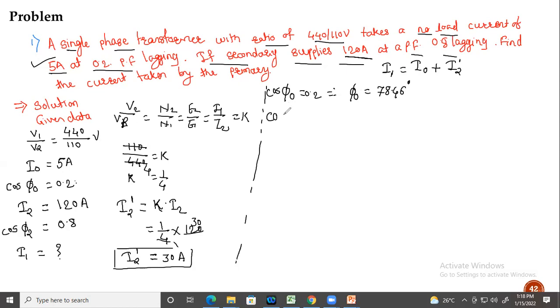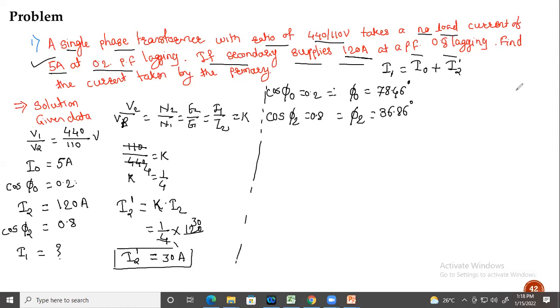After that we have the value of cos of phi2 is equal to 0.8. According to this you are able to calculate the value of phi2 angle. phi2 angle ची व्हॅल्यू कॅल्क्युलेट करू शकतो आपण, 36.86 degree. Okay, see from this given quantity we are able to calculate the phasor diagram.